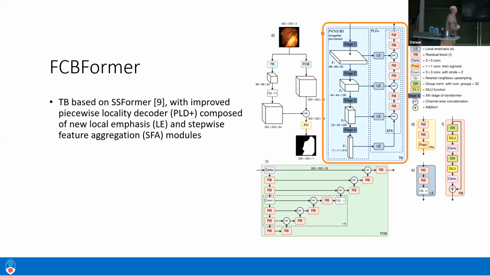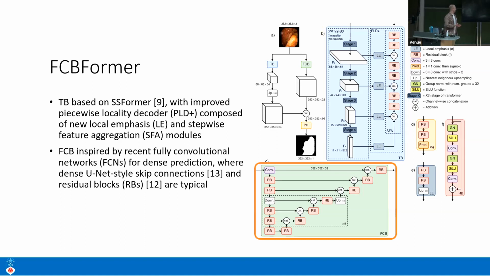In this case, we use the PVT V2, similar to Polyp 2 Seg, interestingly. So we have that as our encoder for the transformer branch. We then have these local emphasis modules, which take each level of the pyramid and emphasize local features prior to fusion through the stepwise feature aggregation model of the features extracted from each level of the pyramid.